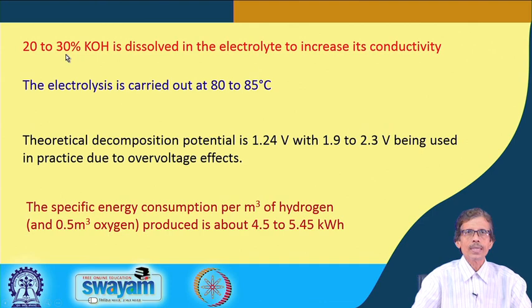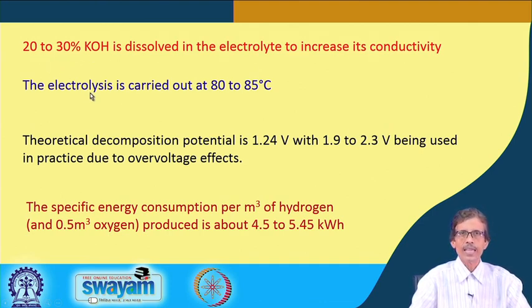Just now we have seen the production of oxygen from hydroxide ions; this can be achieved by addition of KOH. So, 20 to 30% KOH is dissolved as an electrolyte, because it increases the electrical conductivity. The electrolysis is carried out at 80 to 85 degrees centigrade, because we are producing gases, and this temperature is useful for that.